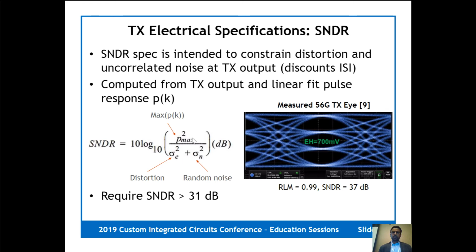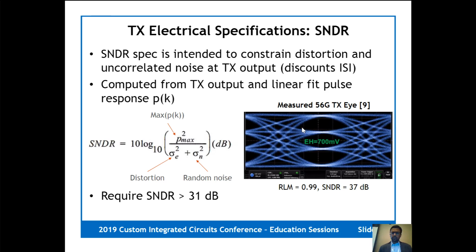It's important to note that it discounts ISI, or the limited bandwidth of the channel. If your transmitter was perfectly linear but had limited bandwidth and introduced no noise, you would have infinite SNDR. So any reduction from that is an indication of how much distortion and noise you have, for example from your termination resistors and output devices, and the distortion could come from the limited resolution in your DAC, any compression you're seeing, and so forth.